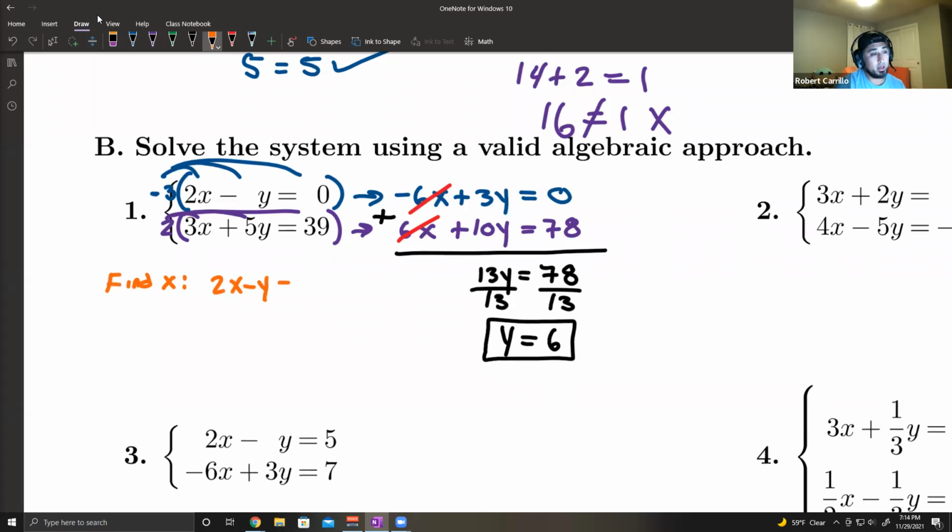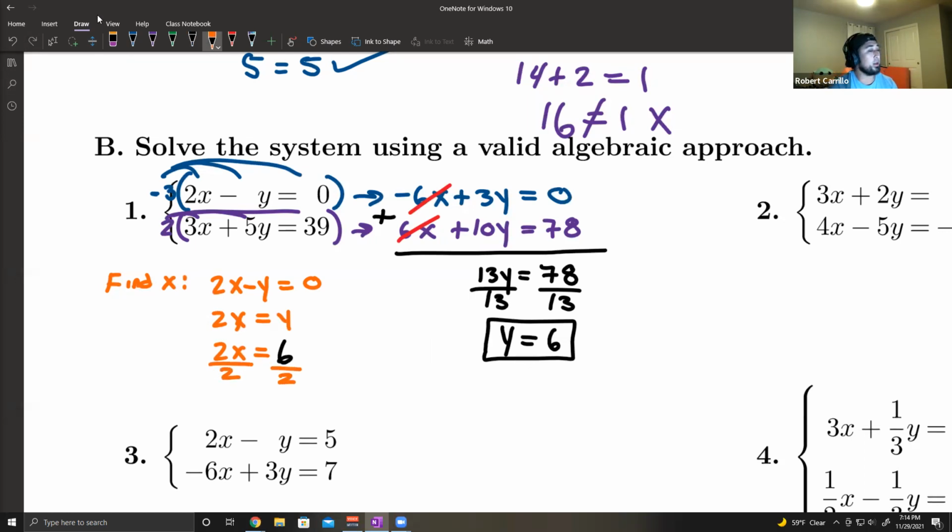2x minus y equals 0. Let's go ahead and add that y over, and you'll get 2x equal to y. But now, what is the value of y that we just found? 6. It is 6 because of that value we found for y. And now, in order to solve for x, all you have to do is divide by 2.